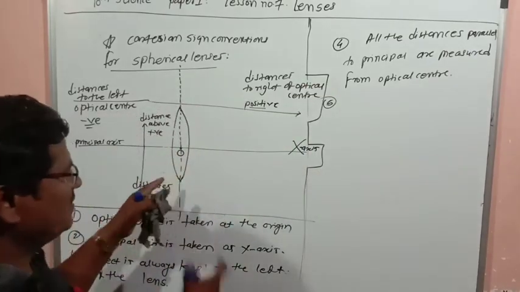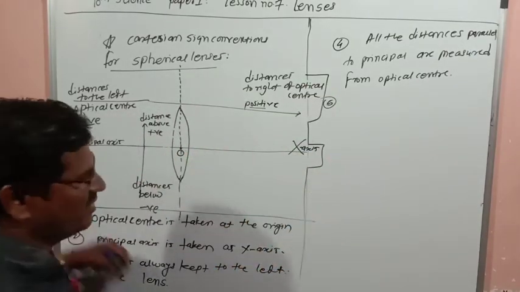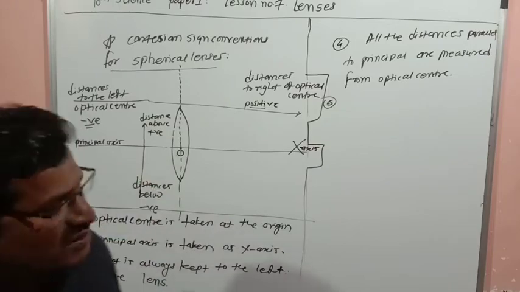So all distances parallel, right side or left side, these are measured from the optical center.